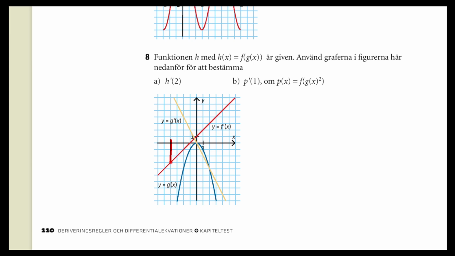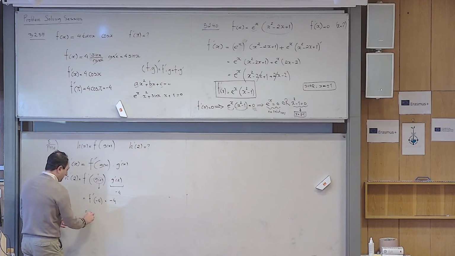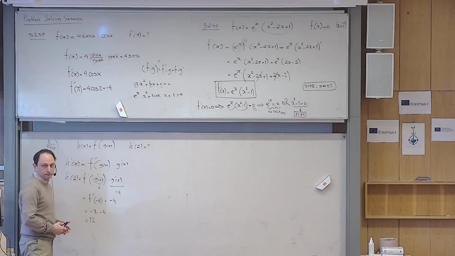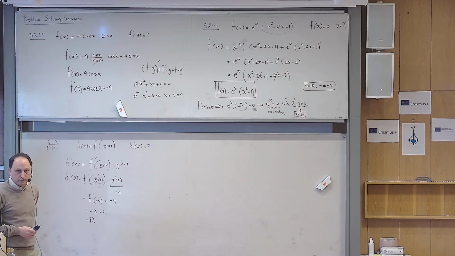I come down. This is my intersection with the red line, which is the graph of f prime. Then I go horizontally. What's that number? -3. Yes? So this becomes minus 3 times minus 4. And the answer is what? 12.